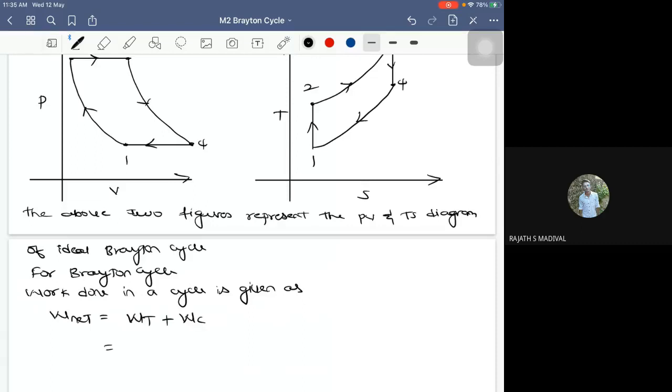I told you in the last class, how do you calculate WT? M Cp into the temperature difference. That temperature difference also, how will you calculate? For work it is one thing and for heat it is another. Remember or not?